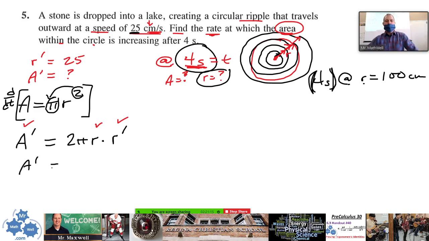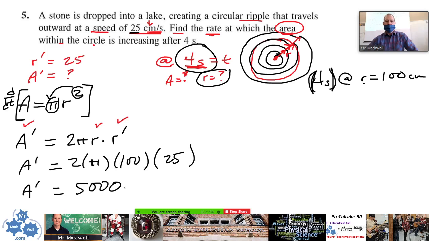So A prime equals 2 times pi times r, which is 100 at this point in time, times r prime, which is 25. Multiplying everything, I get A prime equals 5,000 pi. 200 times 25, 50 times 100, 5,000 pi.